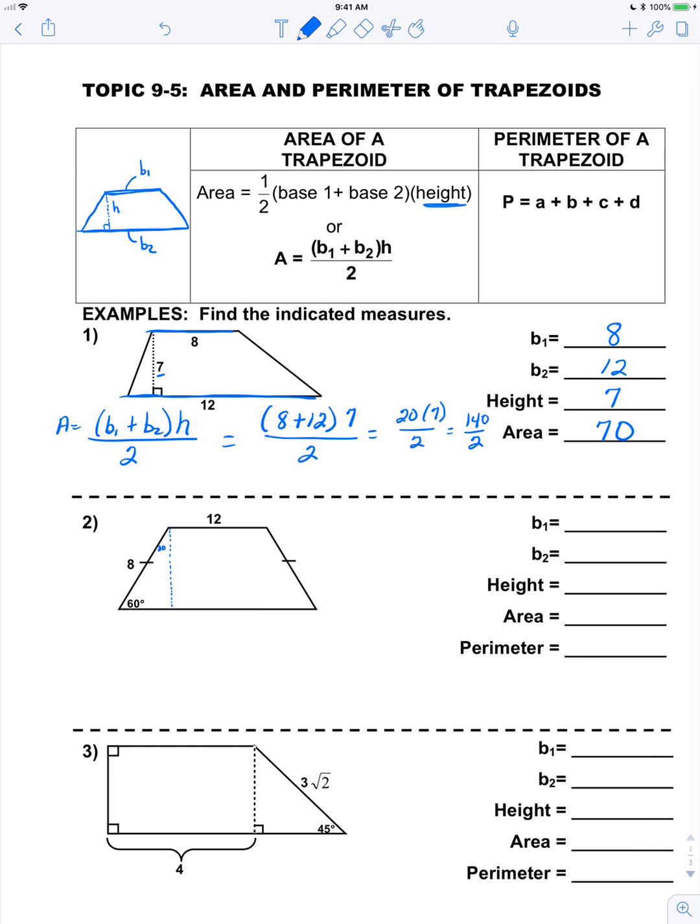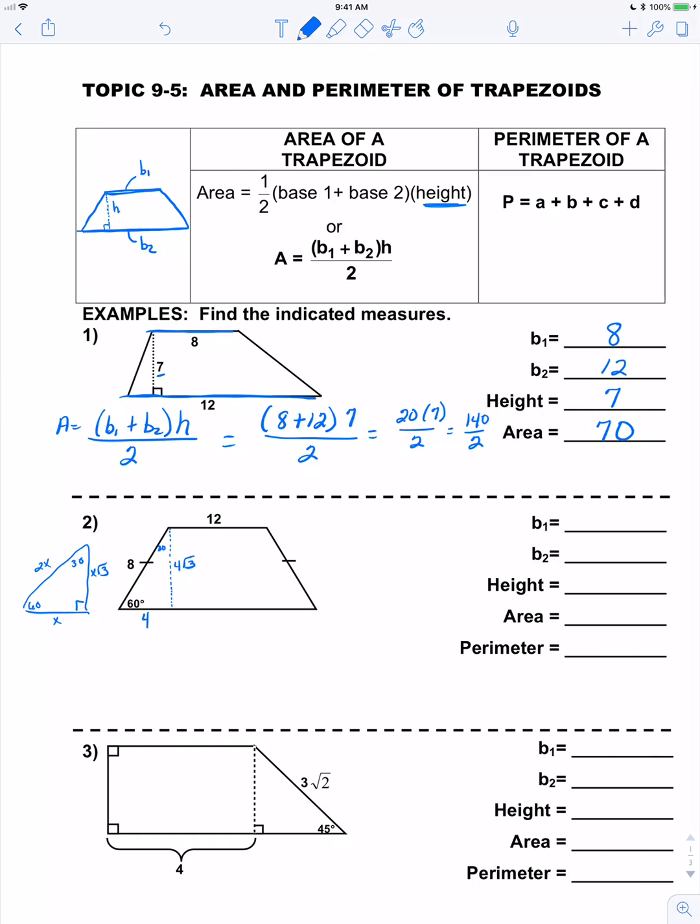So this is, remember, on a 30-60-90 degree triangle, we've got x, x square root of 3, and then 2x. So in this case, 2x is equal to 8. So x is 4, so this has got to be 4, and this is 4 square roots of 3.